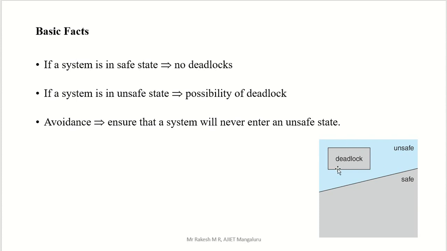So before starting your process execution, ensure that your state is safe. If it is a safe state, then you can execute that particular process. If the system is in a safe state, there is no deadlock. If the system is in an unsafe state, there is a chance of deadlock. So we have to avoid that before starting your execution.